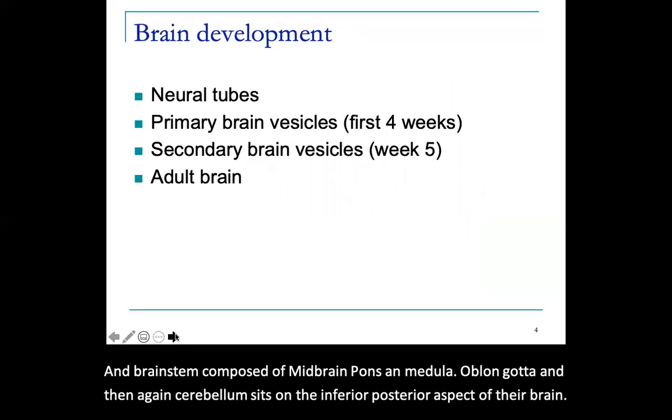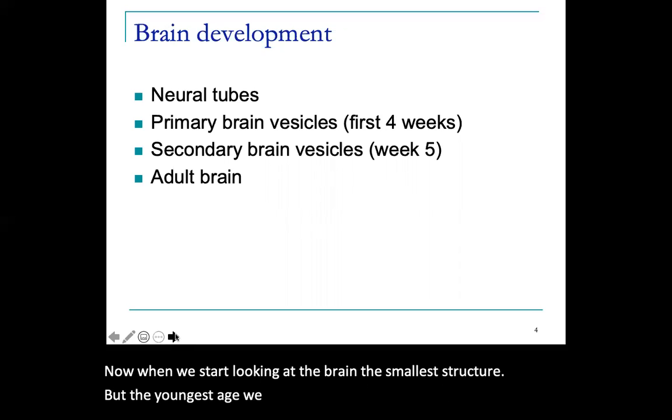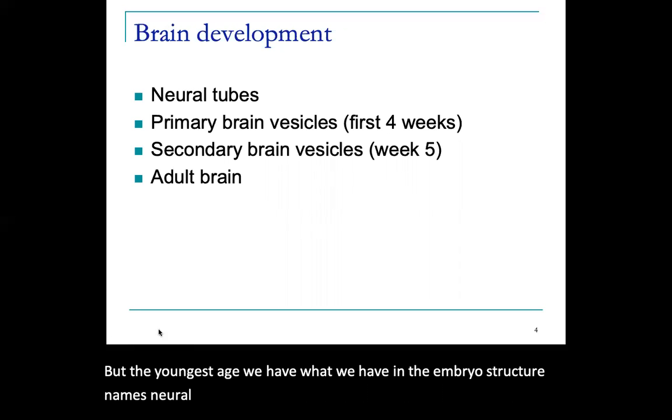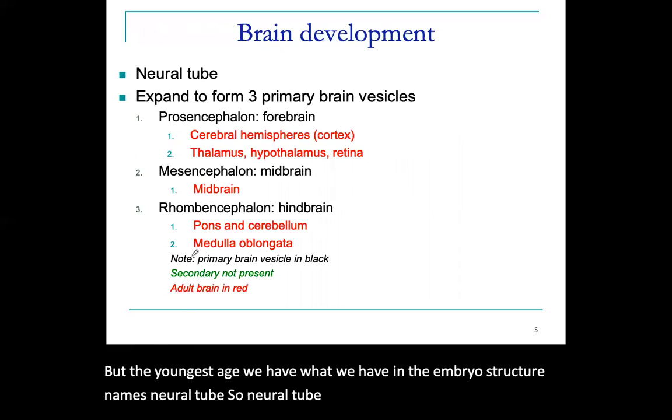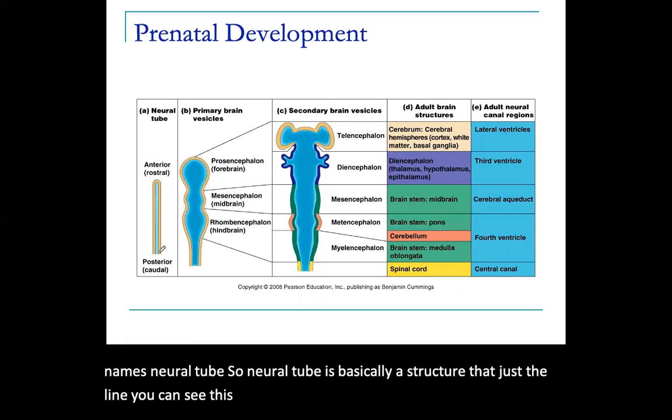Now, when we start looking at the brain, the smallest structure, I should say, sorry, at the youngest age, we have what we have in the embryo, a structure named neural tube. So neural tube is basically a structure that's just a line. You can see this right here. All it is basically is a neural tube.